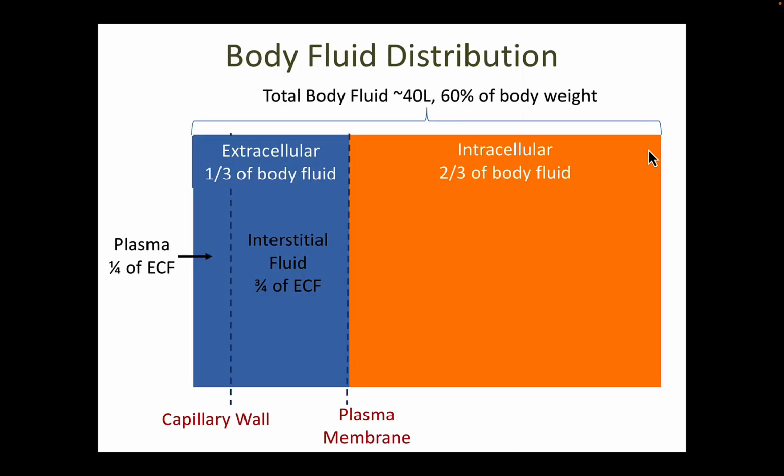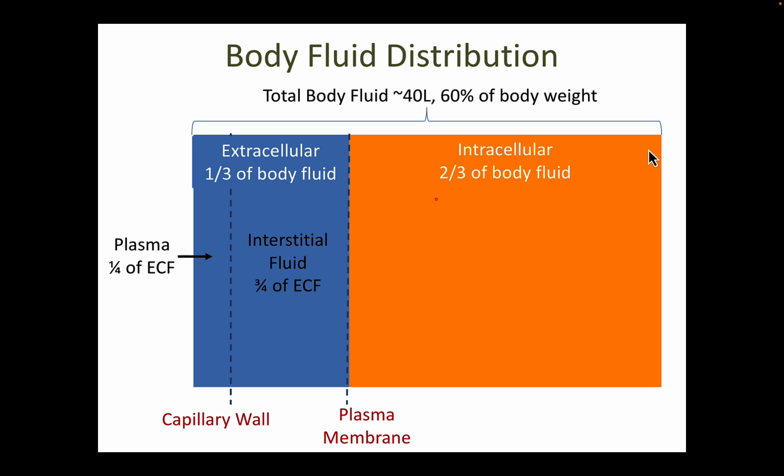Okay, so our total body fluid on average is about 40 liters, but as we just said, this will vary from individual to individual. It's roughly about 60% of our body weight, but again, can vary anywhere from 50 to 80%. Now, of that body fluid, most of it is intracellular, inside of our cells.